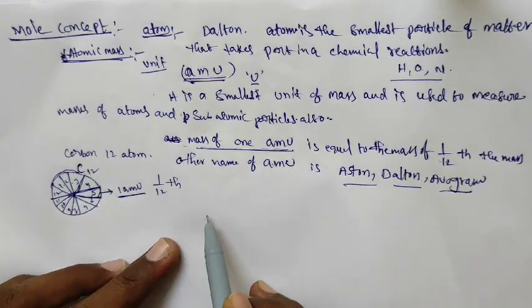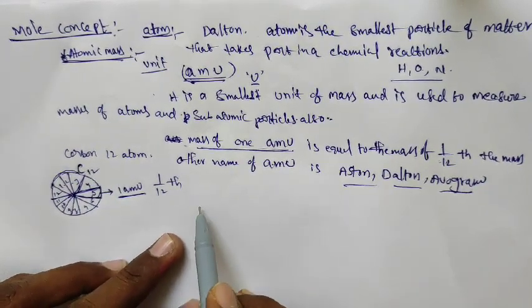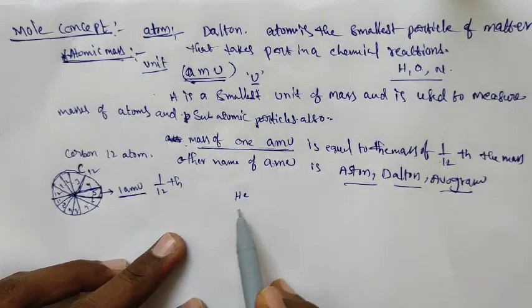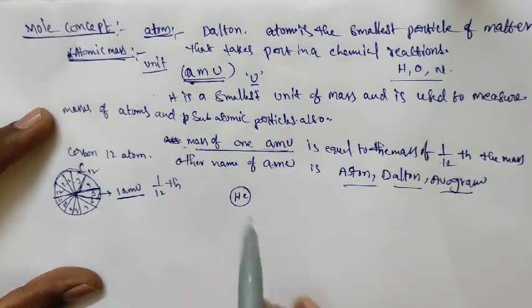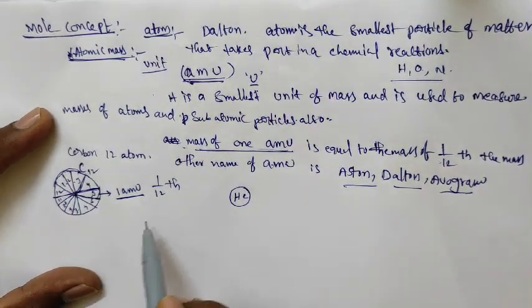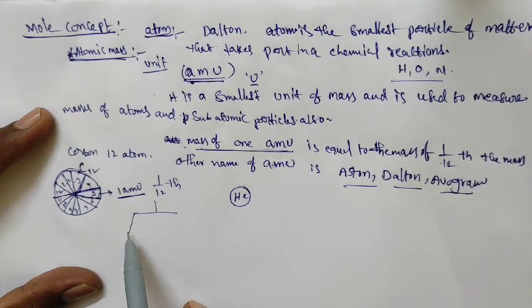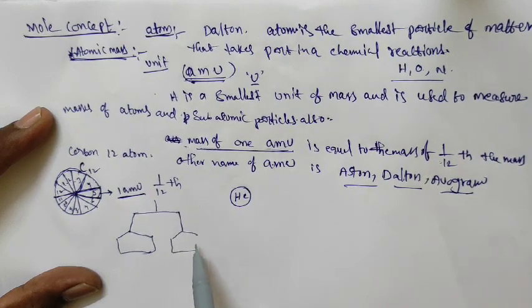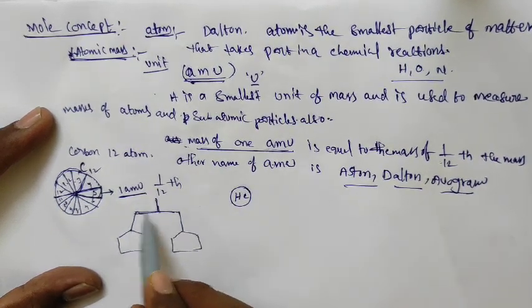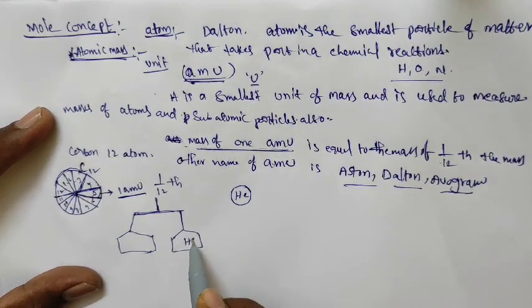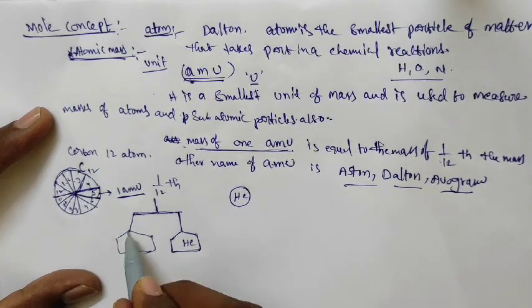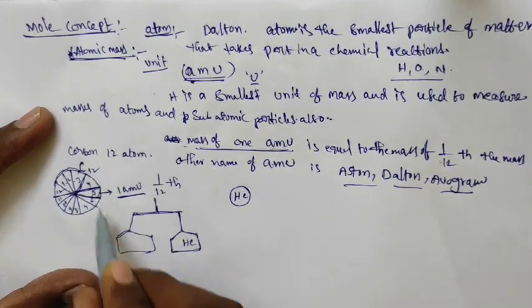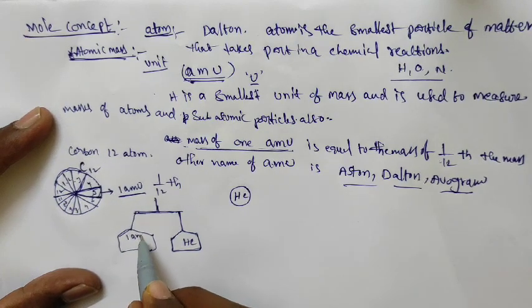Now I have to measure the mass of a hydrogen atom or helium. Helium mass I don't know, but carbon mass I know. It is like a simple balance: I keep the helium atom on this side, and here I add 1 part of carbon, 1 AMU.